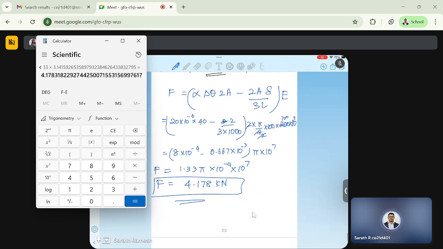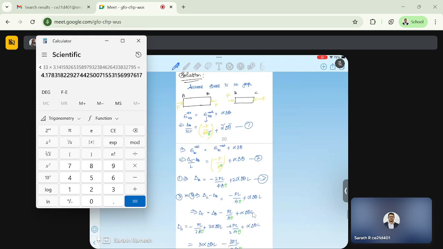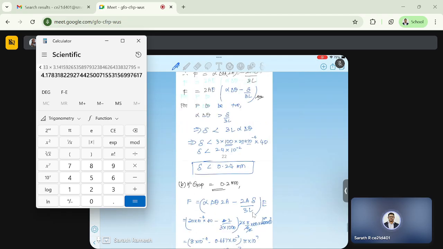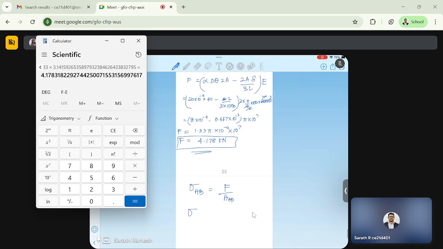Now stresses induced: sigma in AB will be F by area of AB. Let's finish it off. 4.178 into 10 power 3 divided by area of AB, which is 4 times pi by 4 into 100.